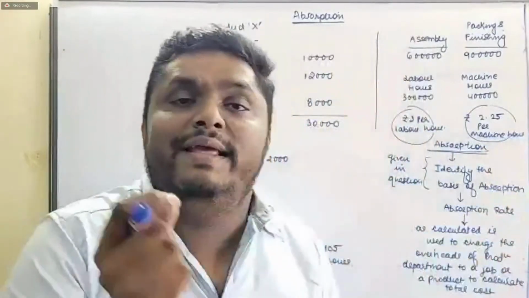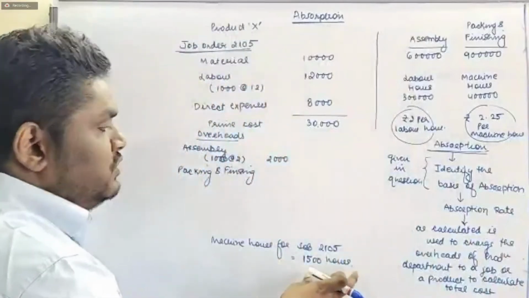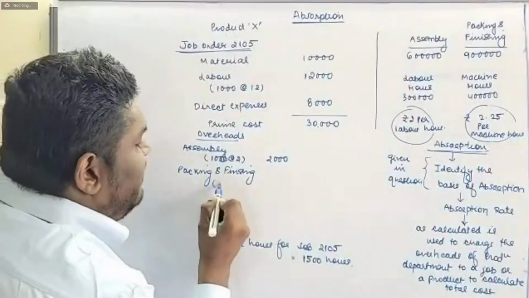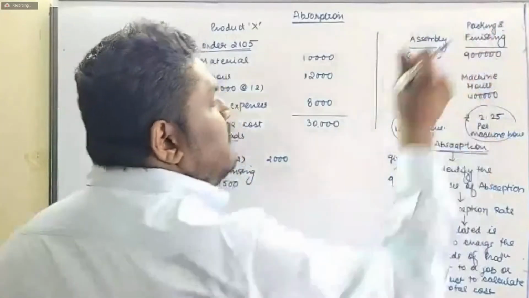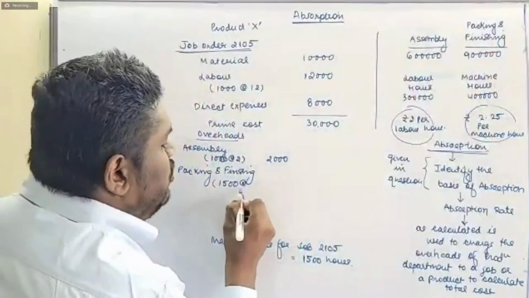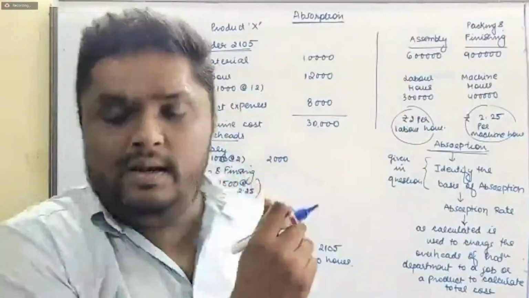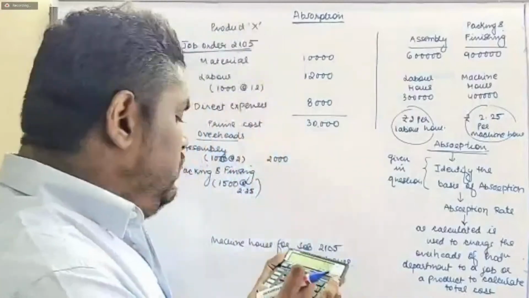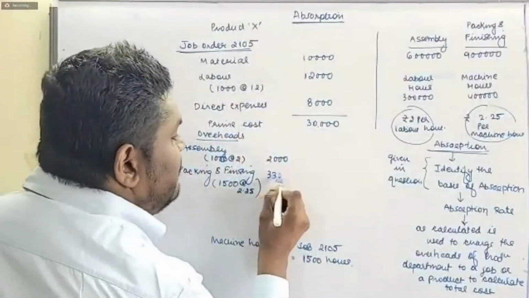That is, one machine hour will cost ₹2.25. So herein to this job we have dedicated 1500 machine hours. And per machine hour, the cost of packing and finishing is how much? 2.25. So how much will be the cost that can be applied to this job? 2.25 into 1500. So that is 3375.